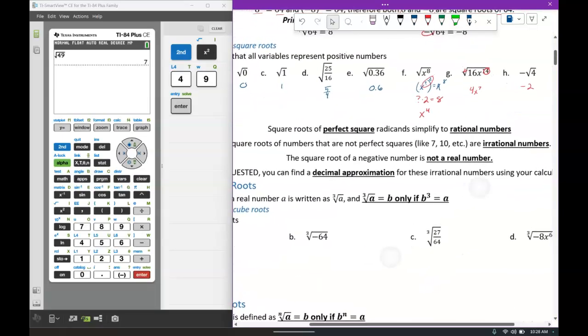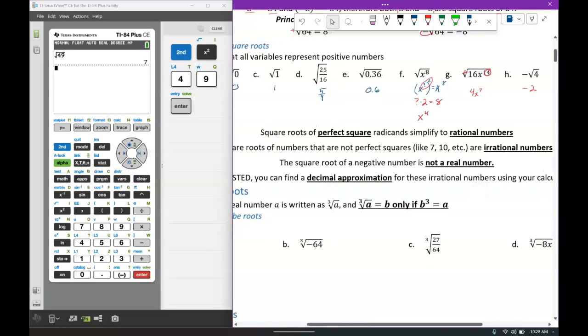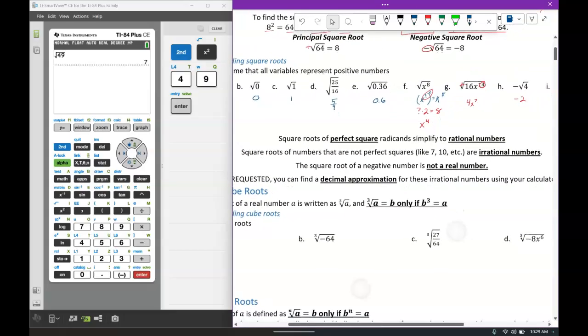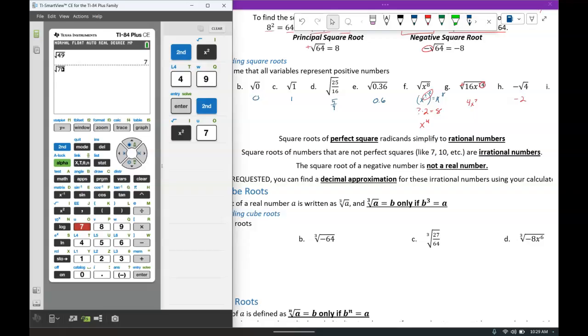So we saw all of those were perfect squares, and they simplified to rational numbers. We had integers, whole numbers, fractions and decimals that were rational numbers. If we try to take the square root of something that's not a perfect square, then we're going to get an irrational number, like the square root of 7 and the square root of 10. So for example, over here on our calculator, if we take the square root of 7, 7 is not a perfect square, so it gives us this decimal value.